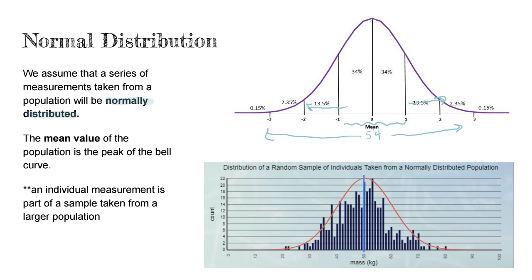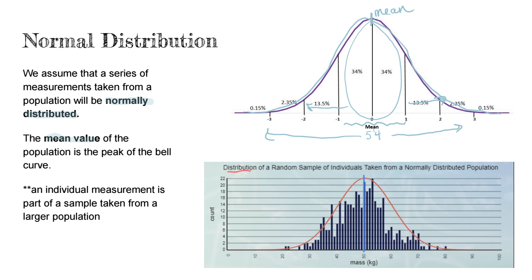But most women fall around this mean. The mean value of the population is represented by the peak of the bell curve. This is called a bell curve because it is kind of shaped like a bell, I guess. And the top of the bell curve right here is always going to be the mean in a normal distribution population.